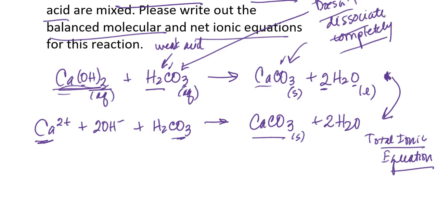The hydroxide associates with the hydrogen ion in the carbonic acid to give me the water, which is a liquid. And so as a result, nothing cancels. So I have calcium in aqueous solution, hydroxide ion in aqueous solution, carbonic acid in aqueous solution, giving me calcium carbonate and 2 moles of water in the liquid state.